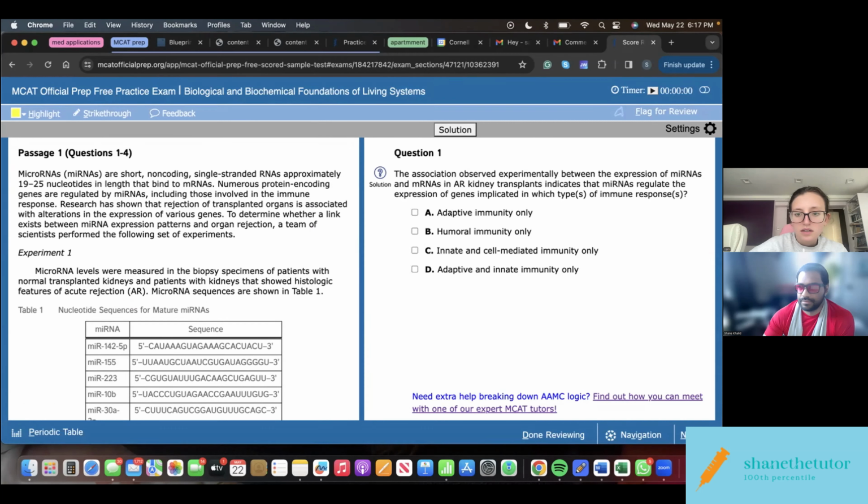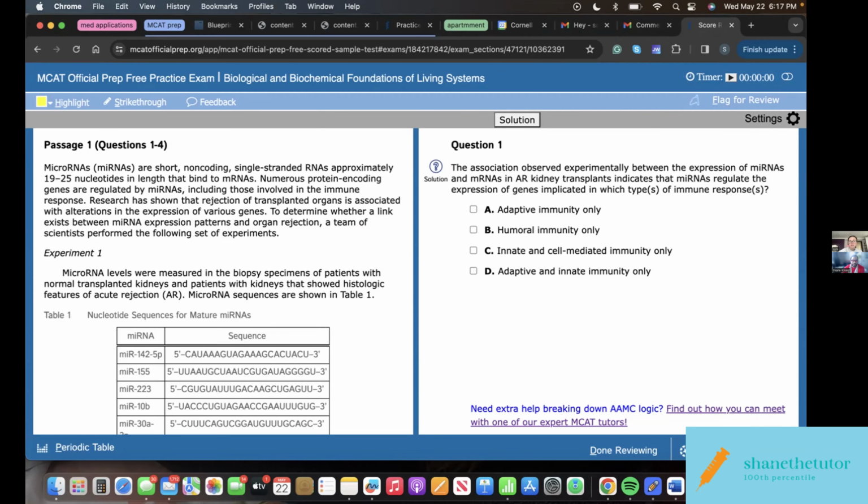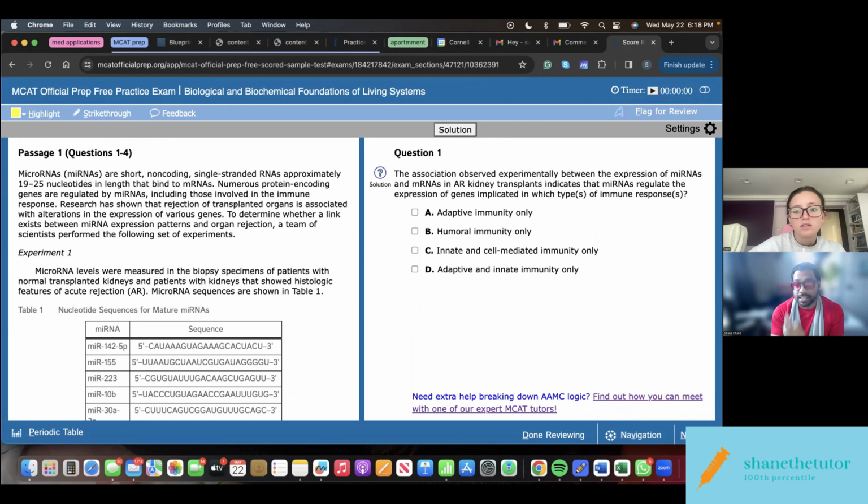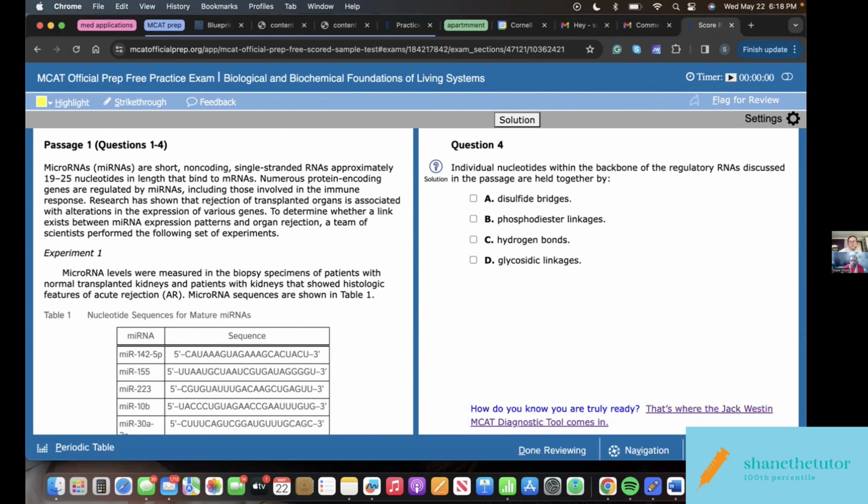Do you want me to read through the passage? I want to know if this is the only question you got wrong for this passage, or if there's a passage where you got a larger amount of questions wrong. It looks like I got the fourth one wrong too.